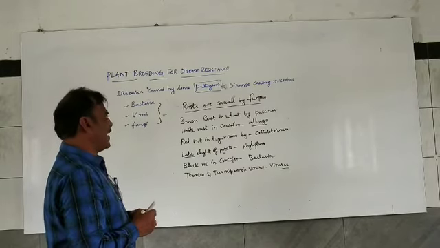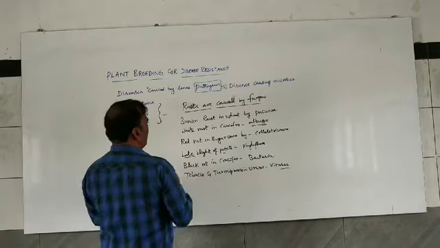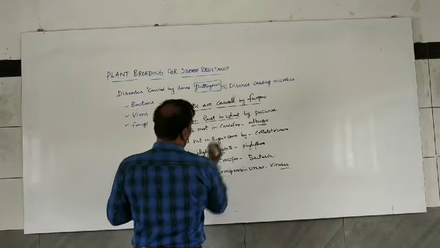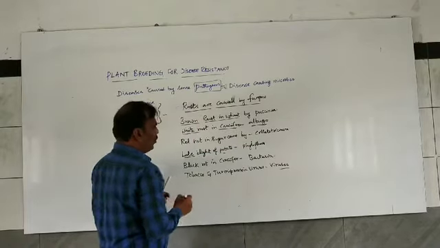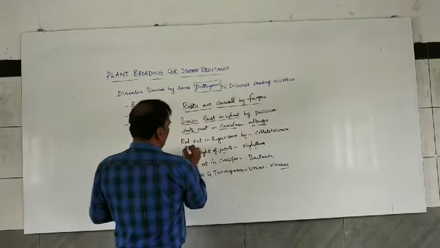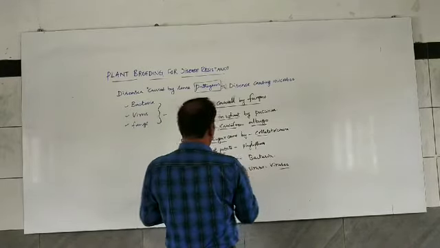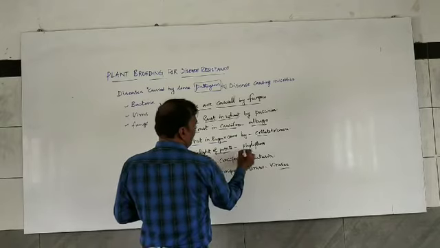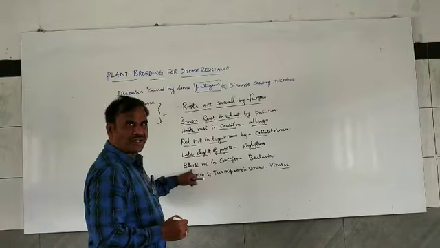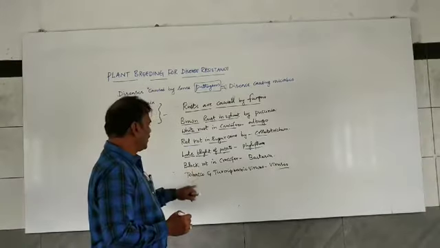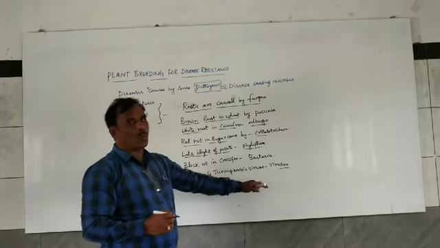Brown rust in wheat by Puccinia. White rust in crucifers by Albugo, which is a fungus. Red rot in sugarcane by Colletotrichum, also a fungus. Late blight of potato by Phytophthora is also a fungus. Black rot in crucifers by bacteria. Tobacco and turnip mosaic by viruses.